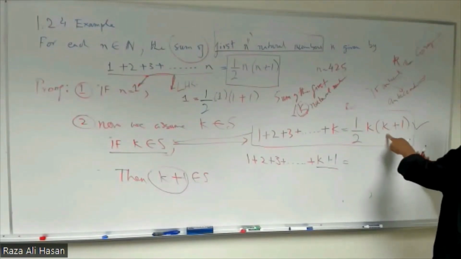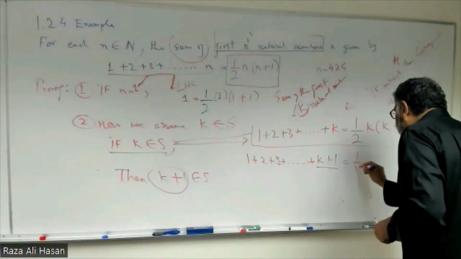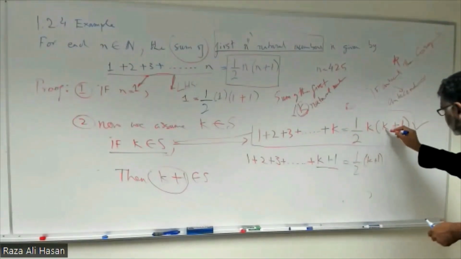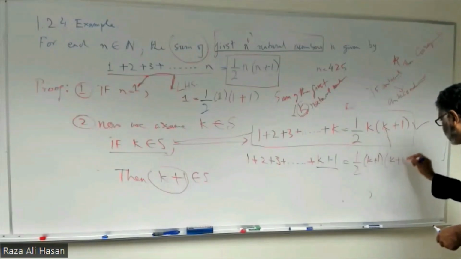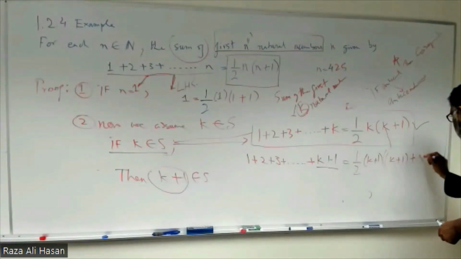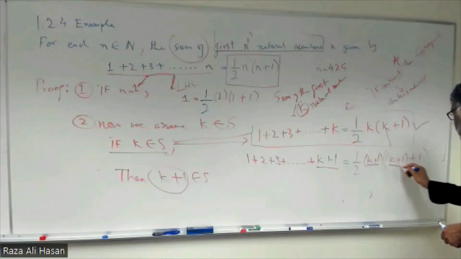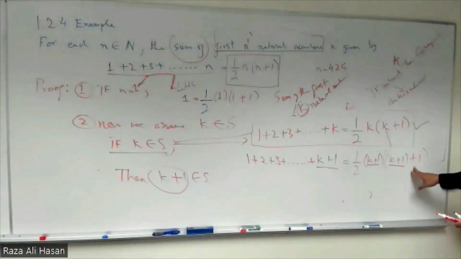And each K would be like this. This K would be K plus one, and then this K has to be K plus one plus one, because this is our number. So it's going to be 2.